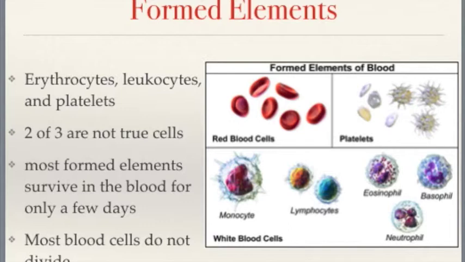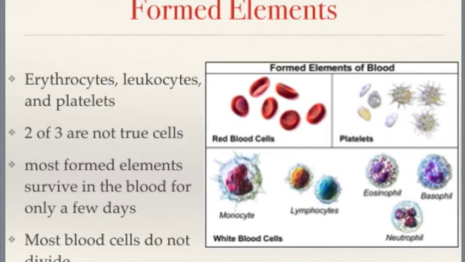Again, red blood cells have no organelles, neither do platelets, so they're going to degrade or be used or removed fairly quickly. And then same with white blood cells. White blood cells can divide, and they do have organelles, but they move in and out of circulation readily. They typically do not stay in circulation for their entire life. Again, most blood cells do not divide.